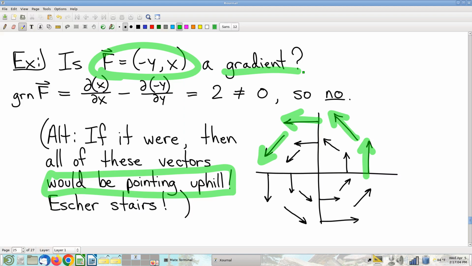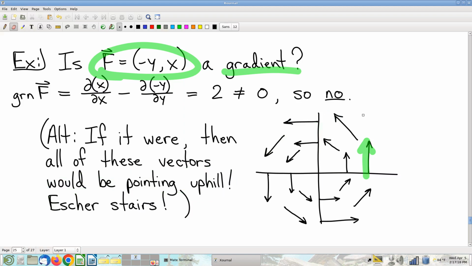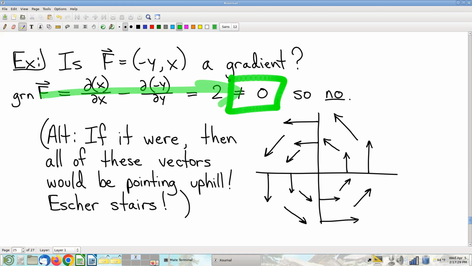These can't all be pointing uphill. You loop back around to where you were in the first place. Oh, look, now I'm back where I was. It just doesn't make any sense. It doesn't work. So geometrically, you can see that this is not a gradient. But for the majority of cases, where you can't just look at the picture and see it, Green's operator does that work for us.